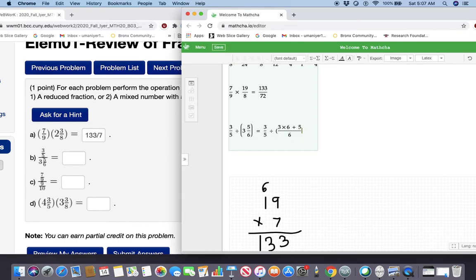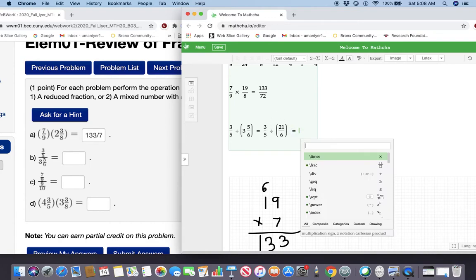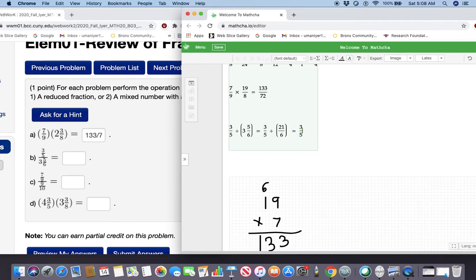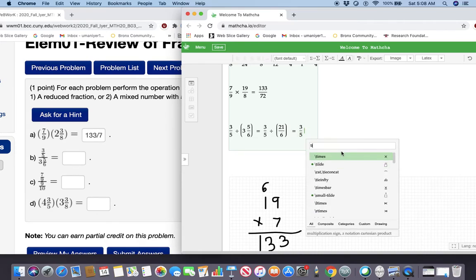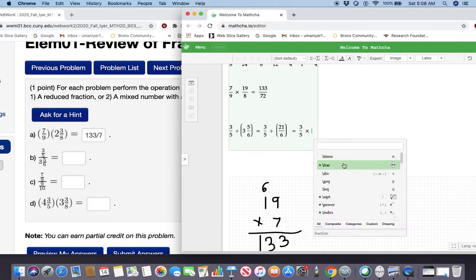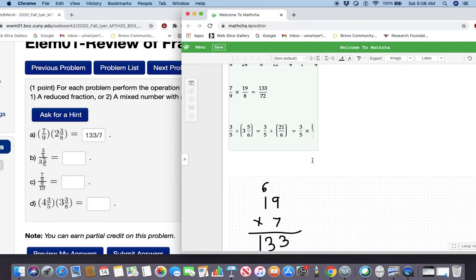Let's go through this. 3 times 6 is 18. 18 plus 5 is 21. So notice it is a division by a fraction. Division by a fraction is multiplication by the reciprocal. So 6 upstairs and 21 downstairs.